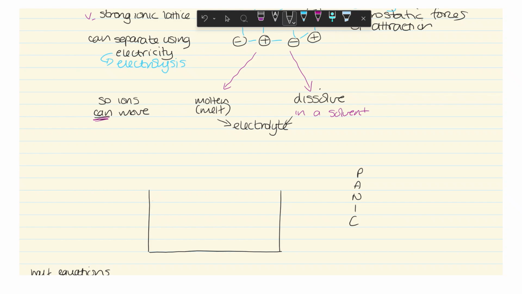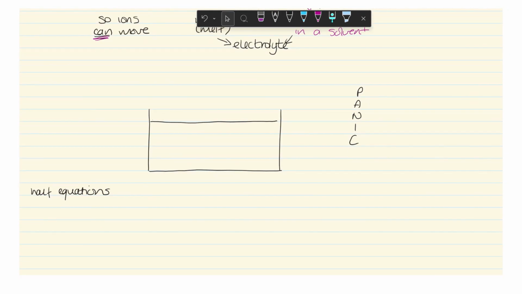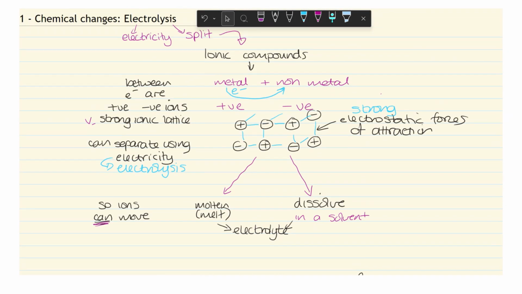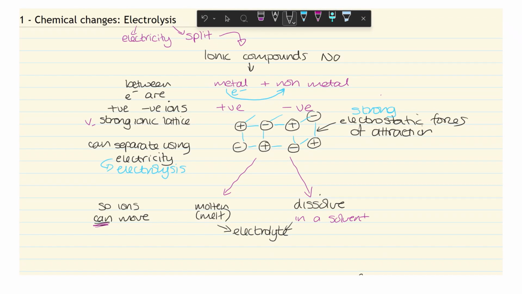And we take our electrolyte and we drop it into a container like this. Okay, so this is our electrolyte. I'm going to use the example of the ionic compound NaCl, where Na is a metal, chlorine is a non-metal, and sodium makes a positive ion and chlorine makes a negative ion.